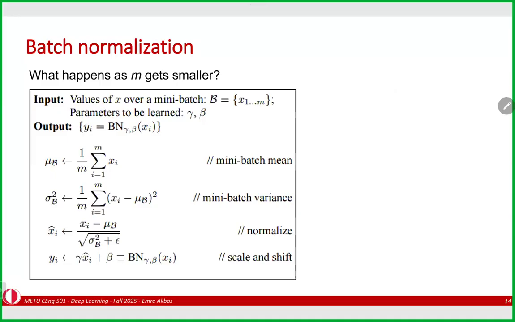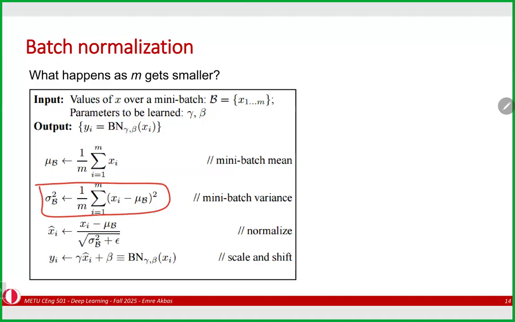Here's a question for you. What happens as M gets smaller? M is the batch size here. Think about it. If you have a smaller and smaller batch, what will happen? Yes. As you go to smaller batch sizes, the variance here will be high, right?